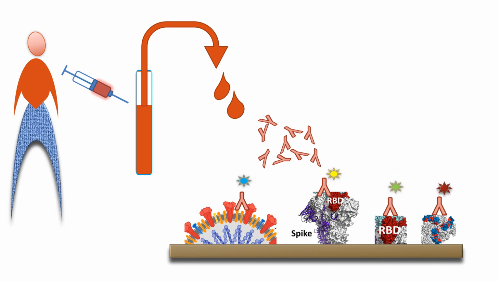Then these assays have a detection method that varies according to the different assays. This detection method will identify if the antibodies are bound to the protein that's on the plate. If the person did not have antibodies, these detection methods will not bind to the plate. They bind to the antibodies that are bound to the protein that's on the plate.